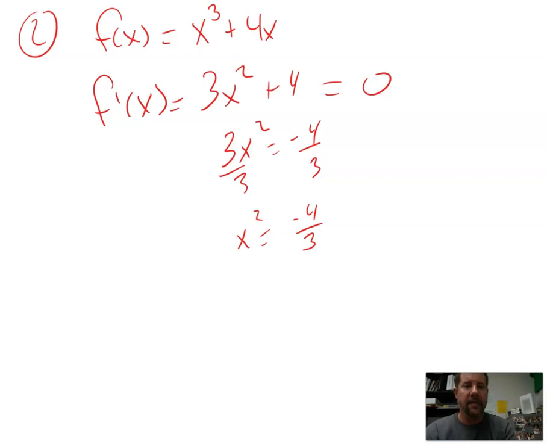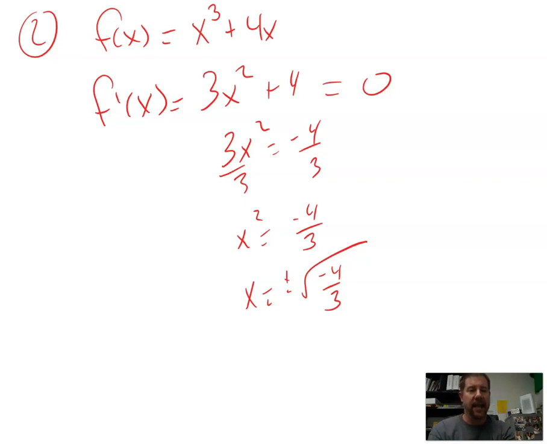All right. Then I go to take the square root of both sides, and I can't take the square root of -4/3. That's really weird, right? That's going to be imaginary. So now I have to think about what's going on. If this doesn't equal 0, then I go back up here.